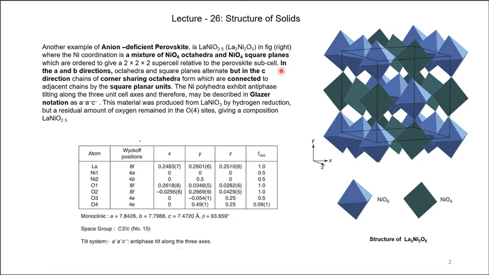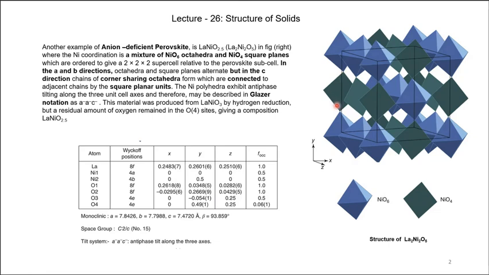We will see how we designate this using the Glazer notation we have discussed earlier. So we can see that in the A and B directions, octahedra and square planars alternate, but in the C direction, it's corner sharing octahedra connected to adjacent square planar units.